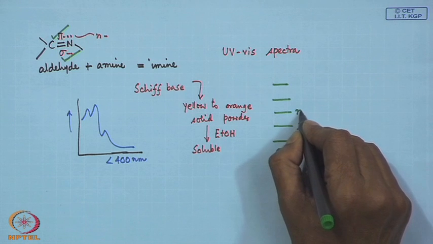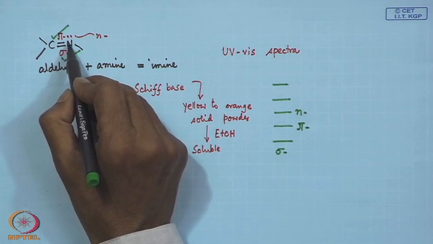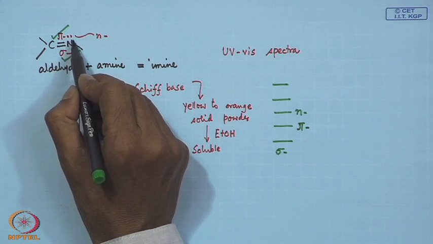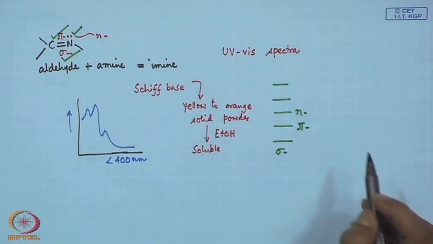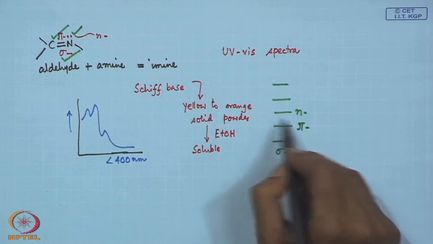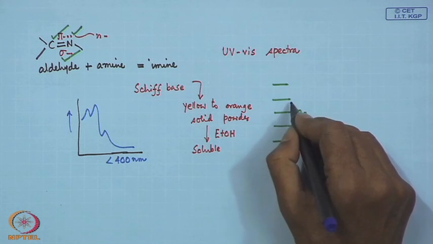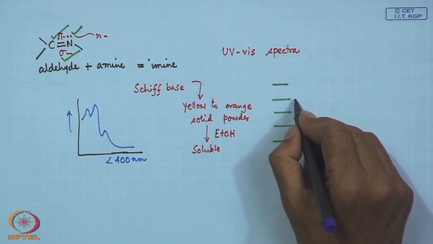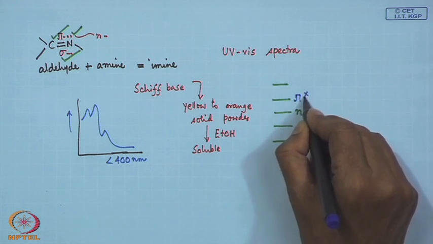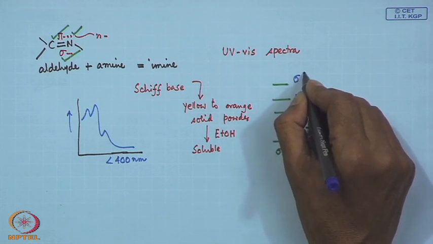Then what is available is the corresponding non-bonding electrons, that means the electrons which are not involved in any kind of bonding on the nitrogen atom. Then, because this is typically a non-bonding level, after that we will have the antibonding orbitals.